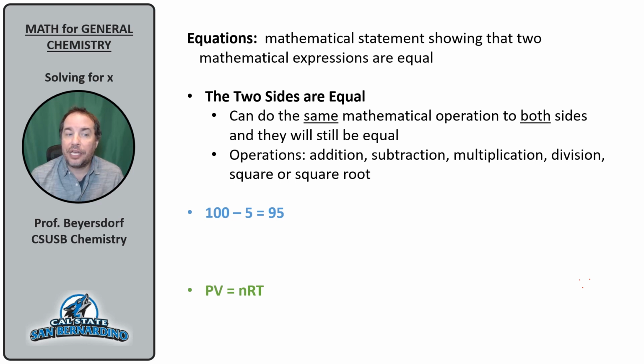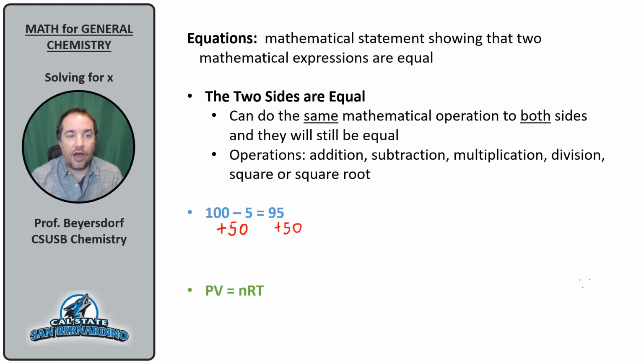Now, one thing we can do is we can do the same mathematical operation to both sides, and they will still be equal. And by operation, I could mean addition or subtraction or multiplication, division, or square it or square root. So let's say we had 100 minus 5 equals 95. And we decided to add 50 to both sides.